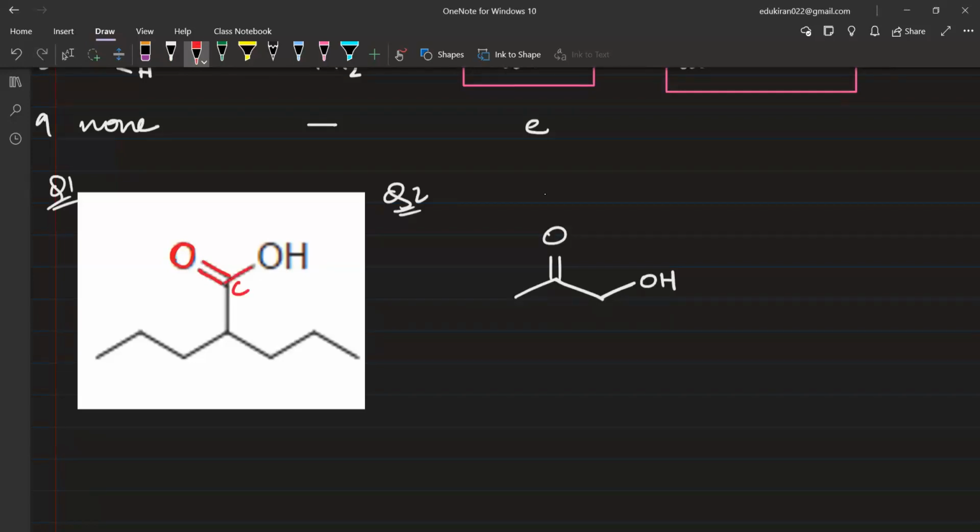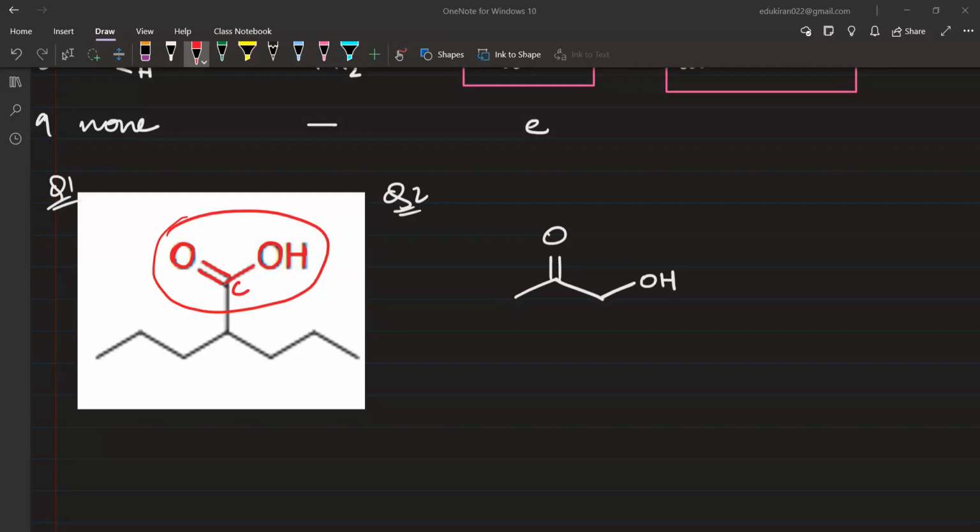Now this carbon atom is also attached to OH, right? So isn't this a particular functional group also? COOH. Rabba, can you see it? Yes, sir. Right? Okay.